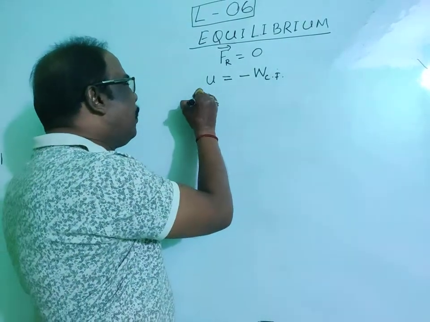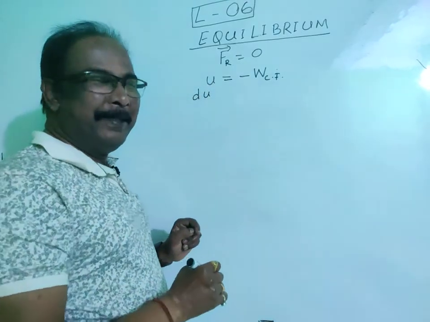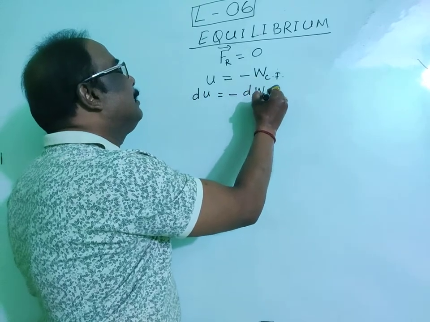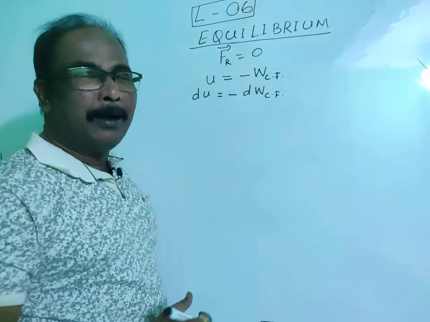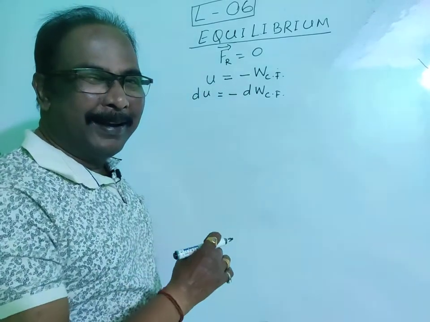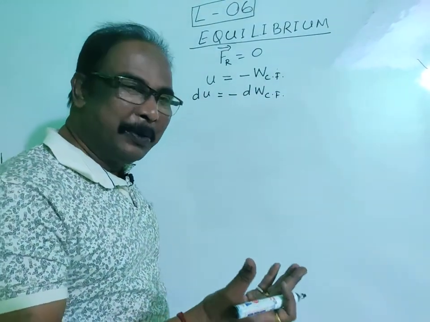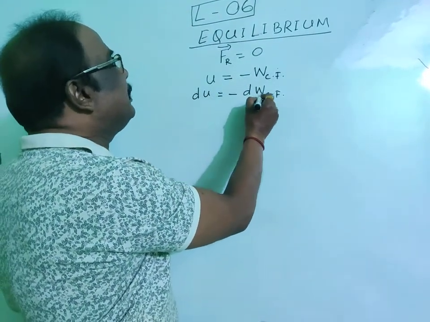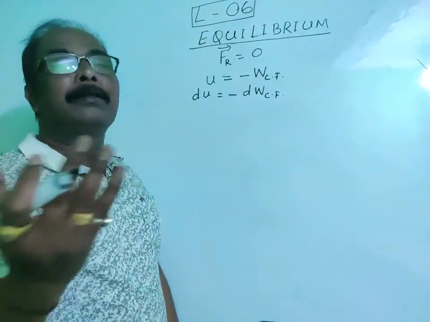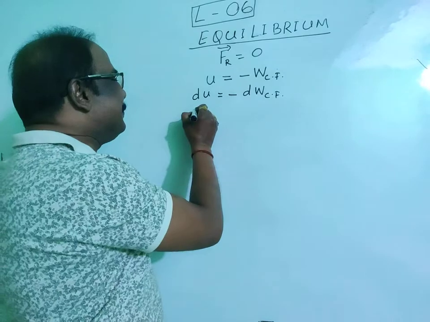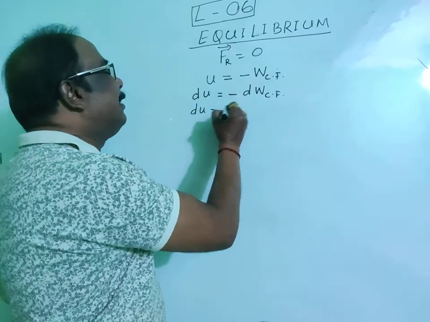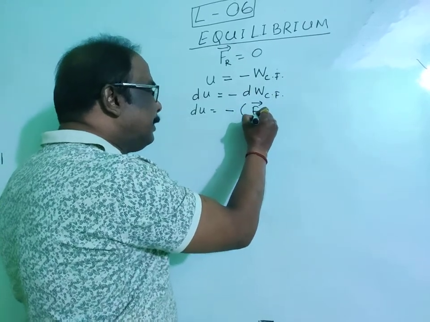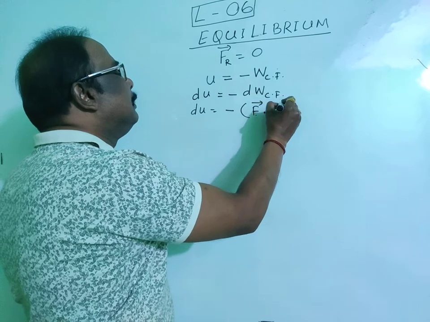Then small change in potential energy is equal to the negative of small work done by the conservative force. So change in potential energy is minus the small work done by the conservative force, which is force dot displacement.